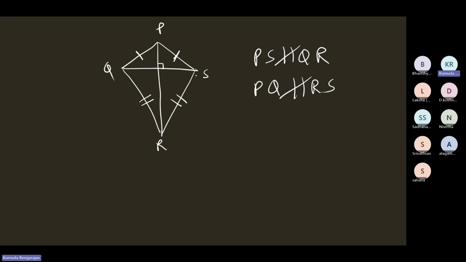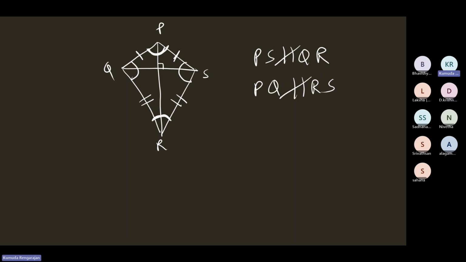The angles at the ends of the shorter diagonal are equal, but they are not bisected. The angles at the ends of the longer diagonal are not equal, but they are bisected.